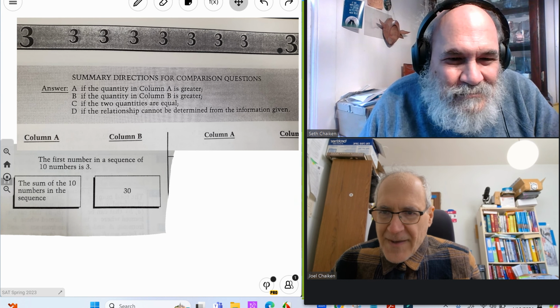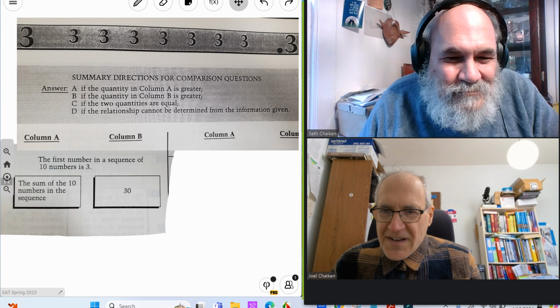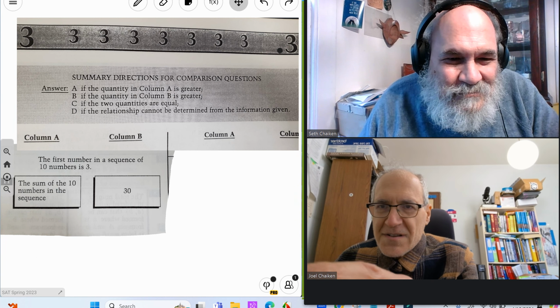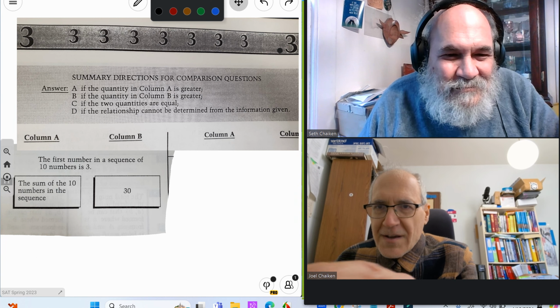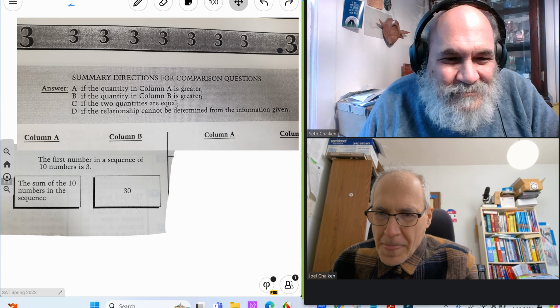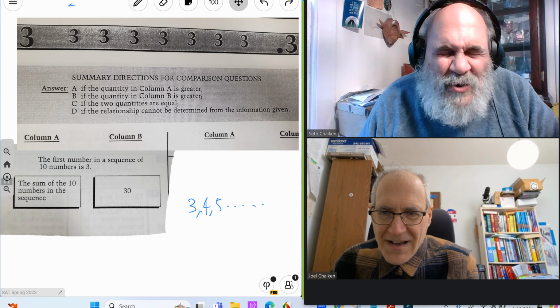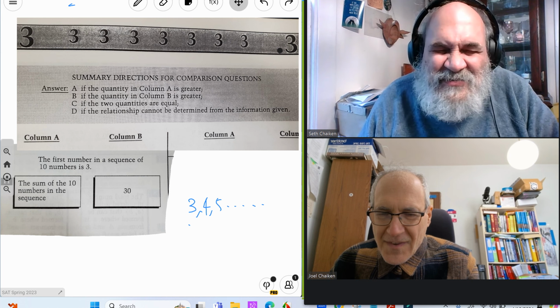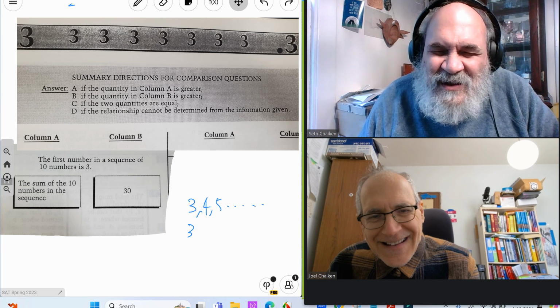Column A: the first number in a sequence of 10 numbers is 3. Okay, I'm just getting my annotation ready. The first number in a sequence of 10 numbers is 3. So they're just saying 3, 4, 5... How do you know? Maybe it's 3, -6, 14, 98, 57.